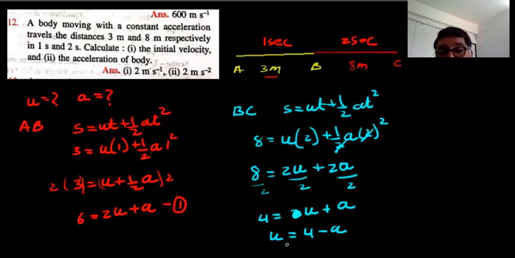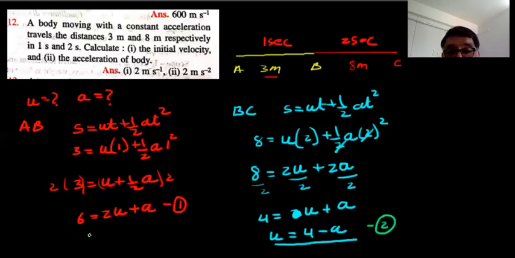Now substituting the value u equals 4 minus a in our first equation. So this is our second equation. Now substituting the value in our first equation.